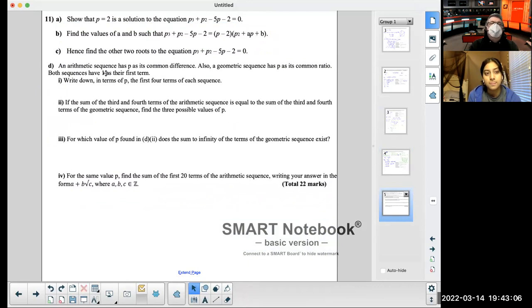Paper 1 is non-calculator. There's a section A and a section B. Section A is short response, usually an average of 6 marks each. And then section B is 3 questions worth anywhere, it just depends. But this is section B where it's 22 marks, this one question, right?